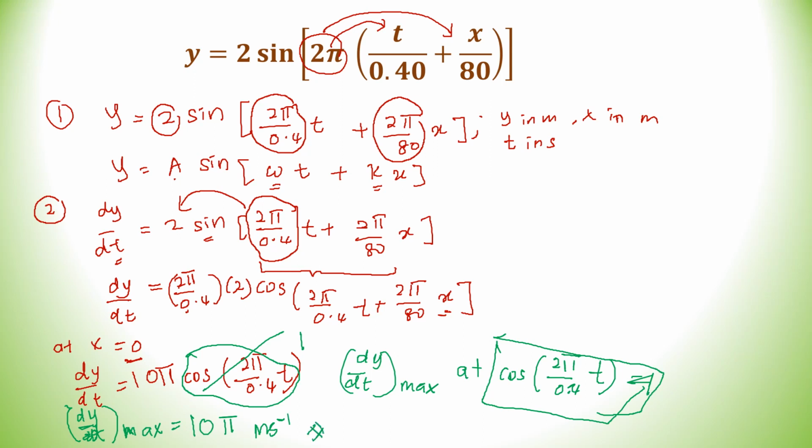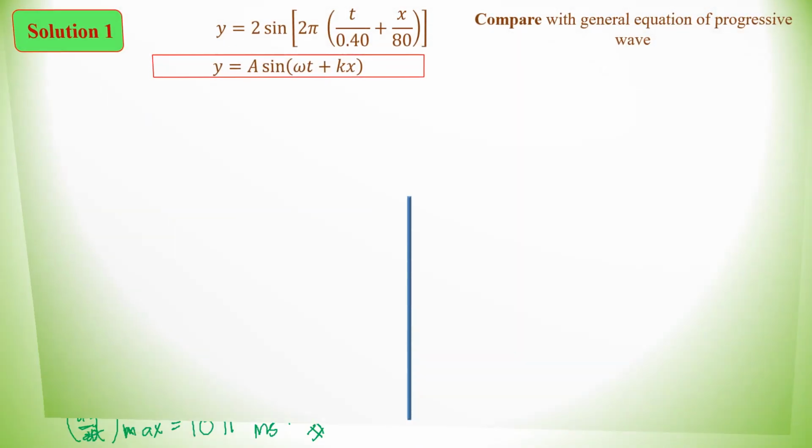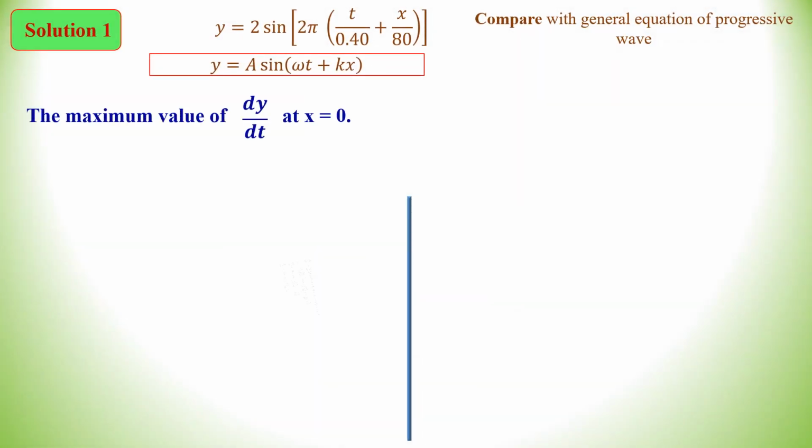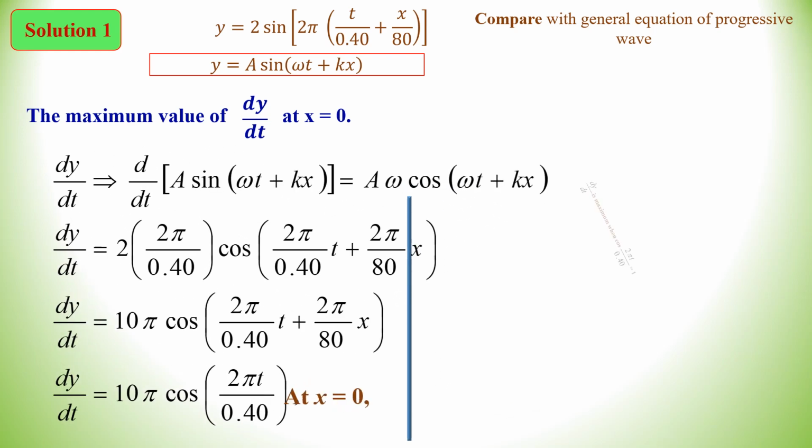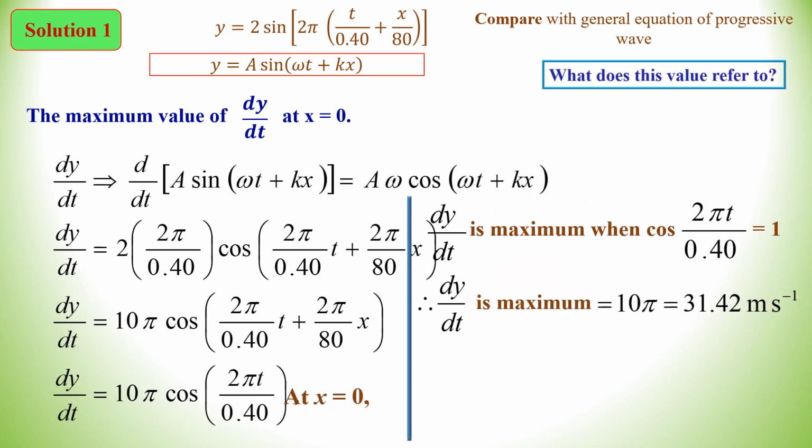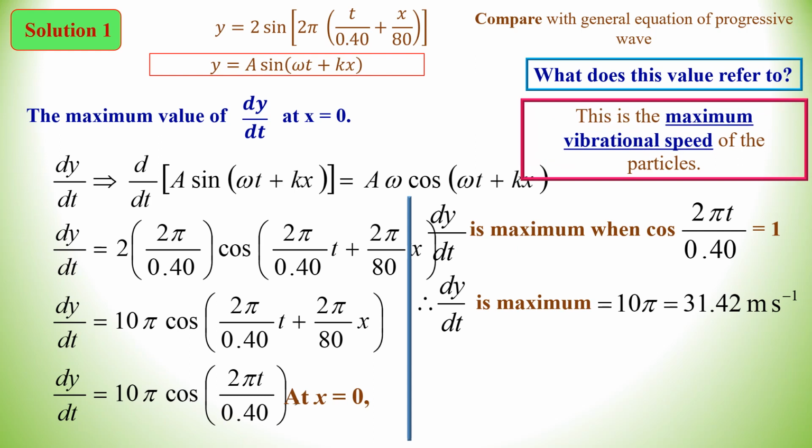dy/dt refers to the velocity of a particle. So this is the solution that we have discussed. What does this value refer to?